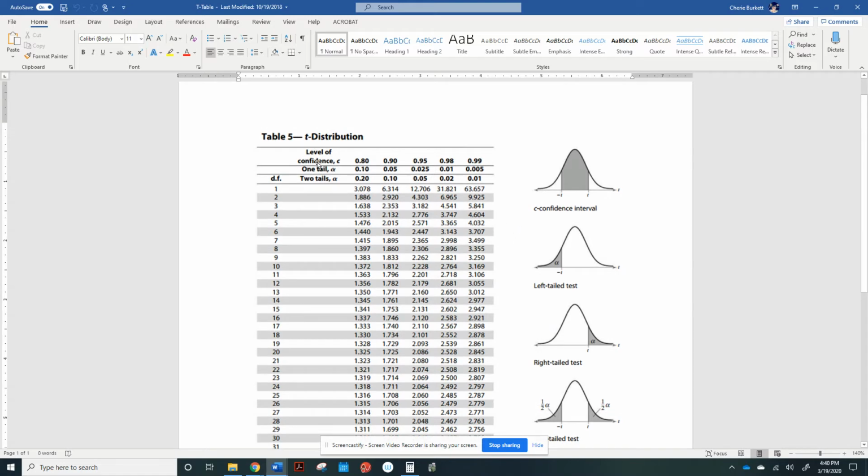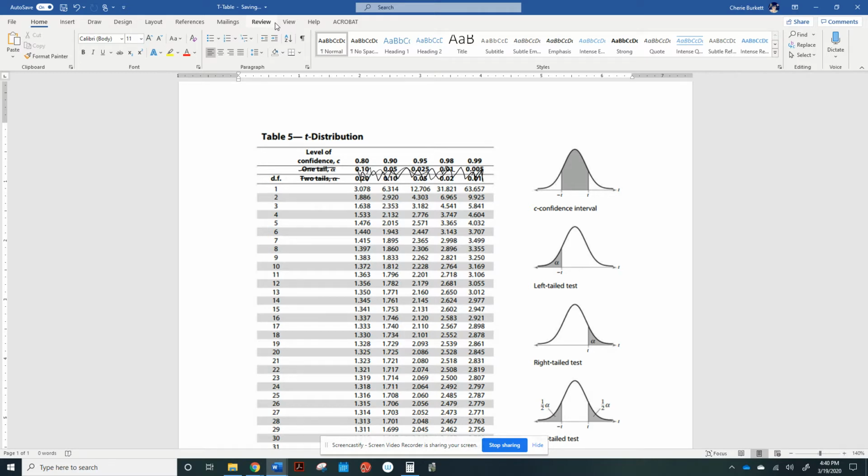So first of all, there's 3 rows up here: level of confidence, one tail alpha, two tail alpha. This information right here that they're looking at, this one tail alpha and this two tail alpha, this is to be used later. Okay, so right now we're not using these two columns at all.